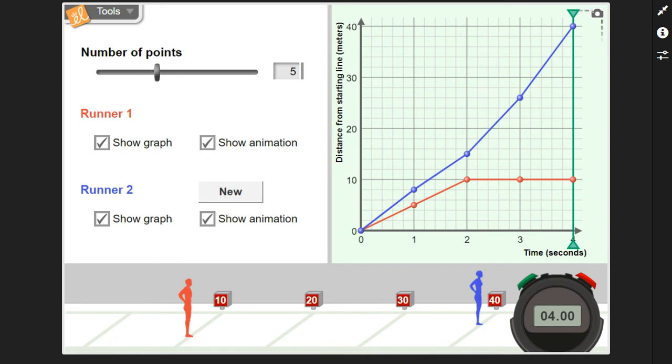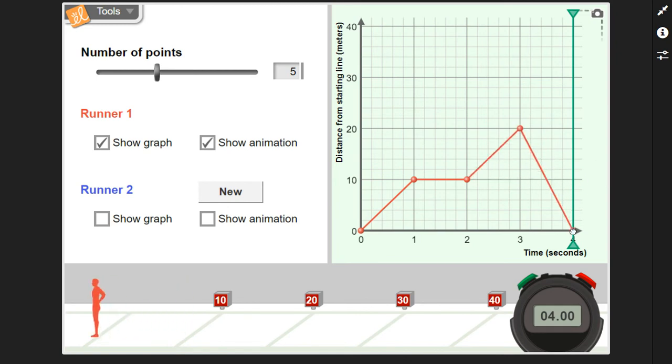And number 5, ooh, this will be fun. So let's just look at the red runner. Got there, there, and there. So based on everything you've learned so far, how would you describe the motion of this runner? So let's look and see.